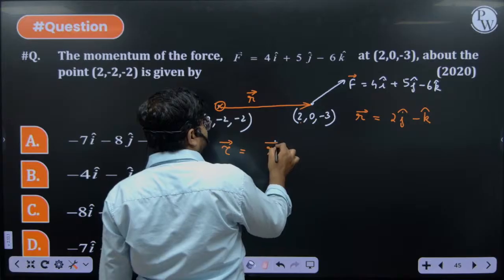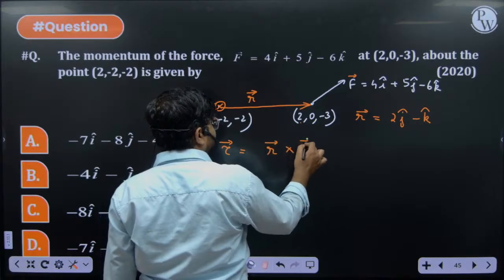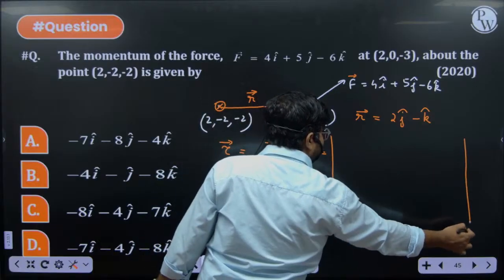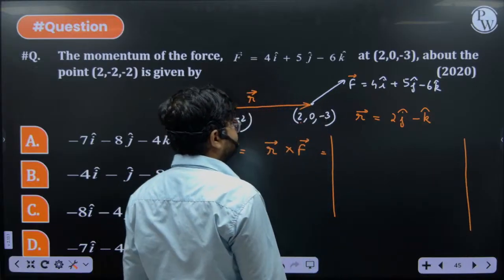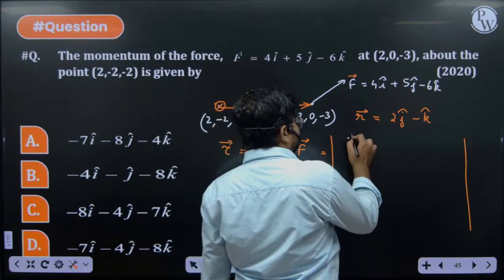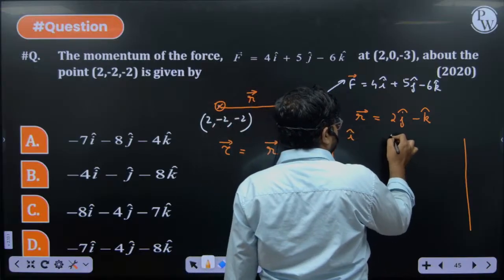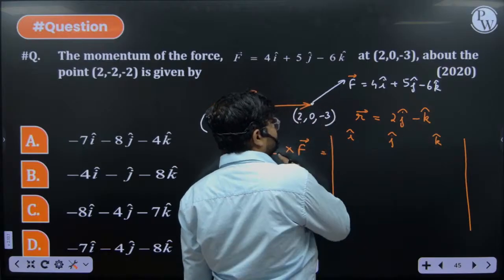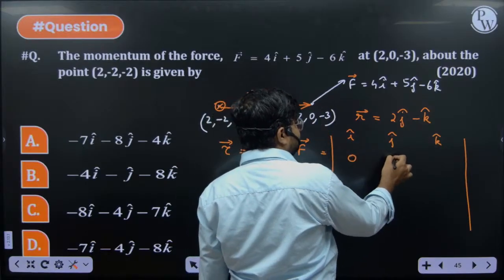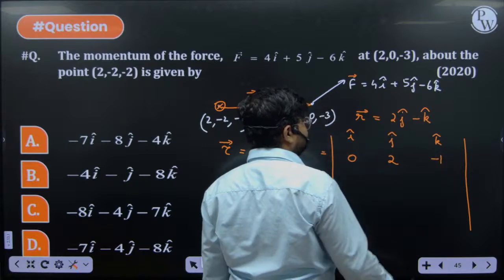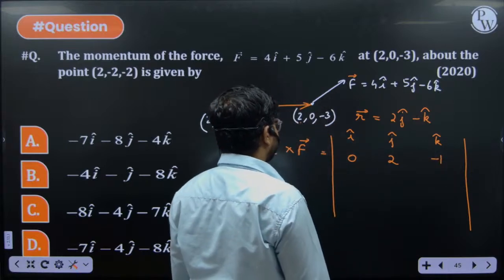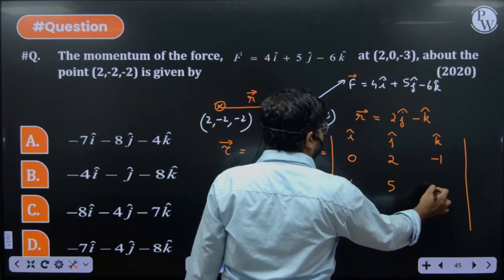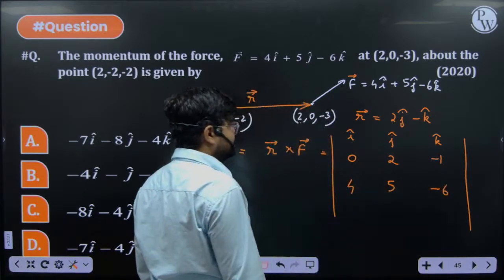So torque will come out as R cross F. We can use the determinant method to solve this. So we can put the values of I cap, j cap and k cap. For R it is 0, 2 and minus 1. For F it is 4, 5 and minus 6.